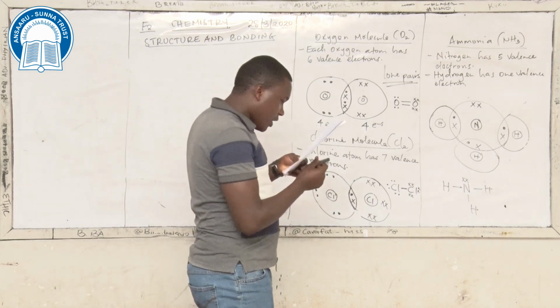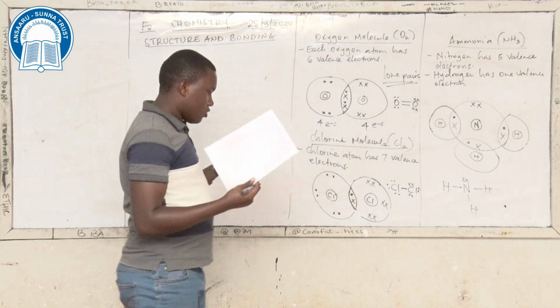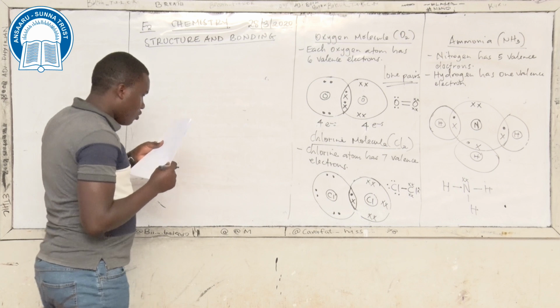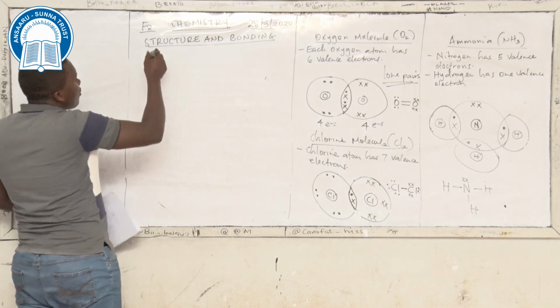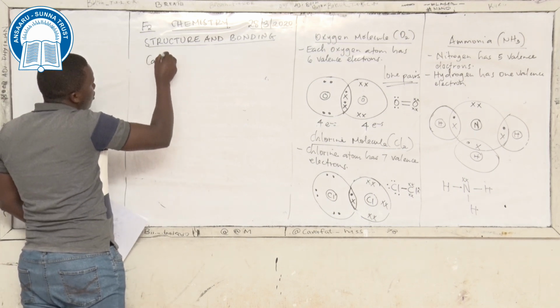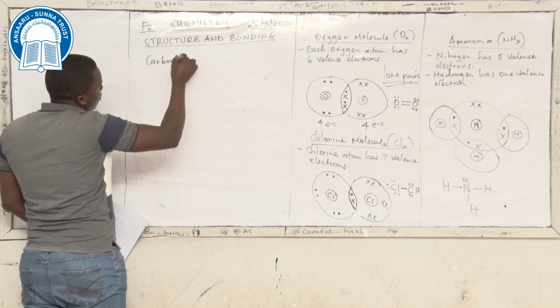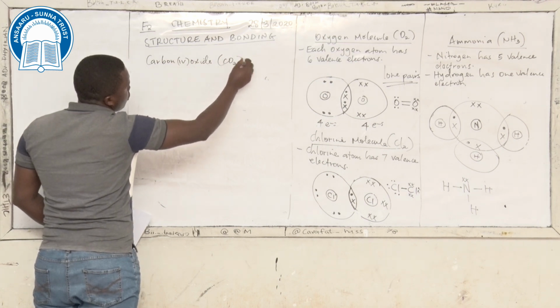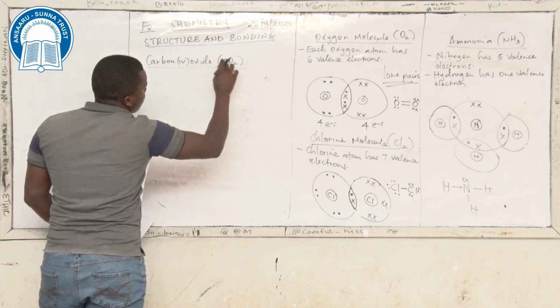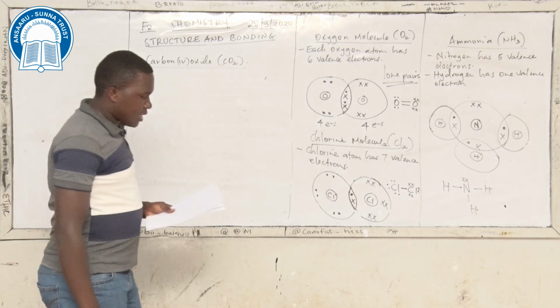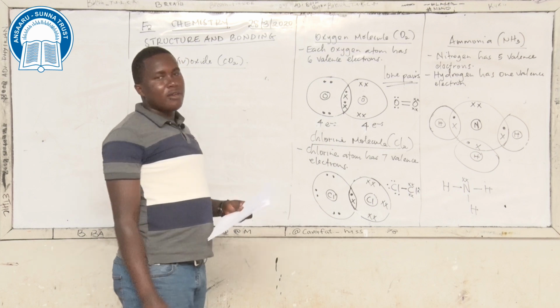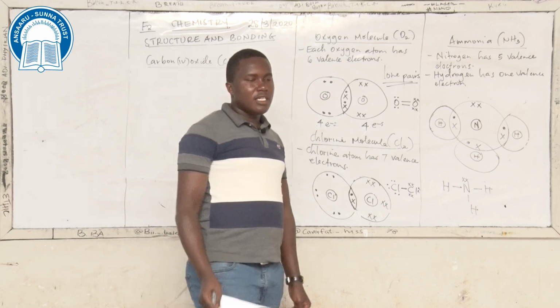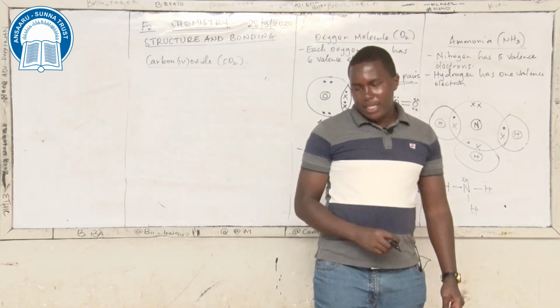So we can move further also to structures like carbon dioxide, which is commonly known as CO2. The CO2 is a gas having one carbon atom and 2 oxygen atoms covalently bonded.